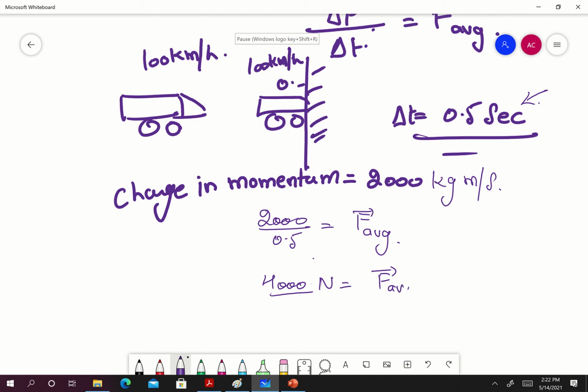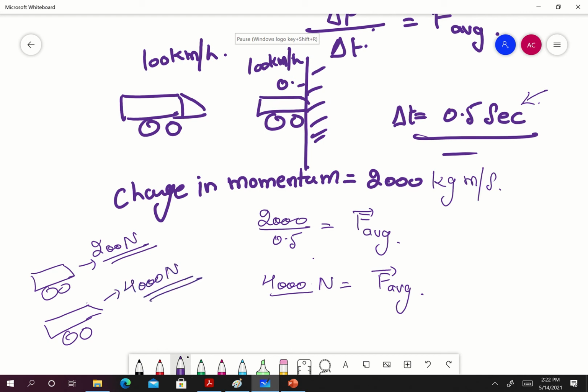In the first case the driver felt a force of 200 newtons, and in the second case, when the car crashed, the driver felt a force of 4000 newtons. So obviously this is more dangerous, isn't it?